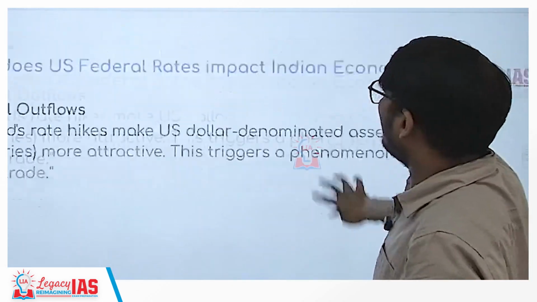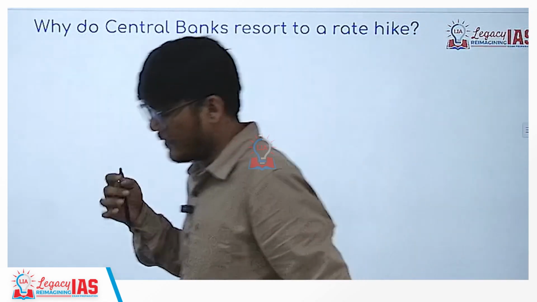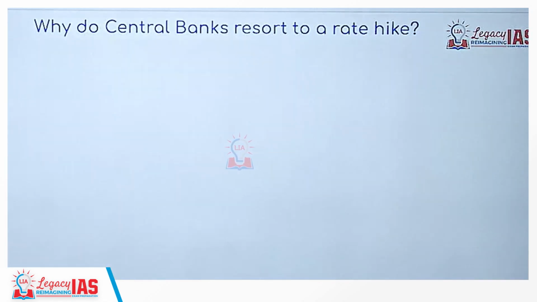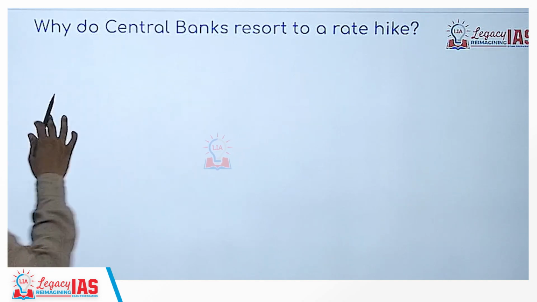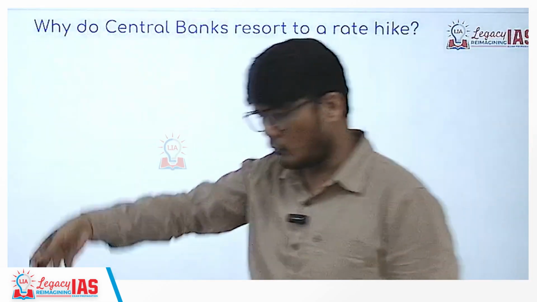Right. Now, the question is, why do central banks resort to a rate hike? When we understand why they resort to a rate hike, we will also understand why they may reduce it.